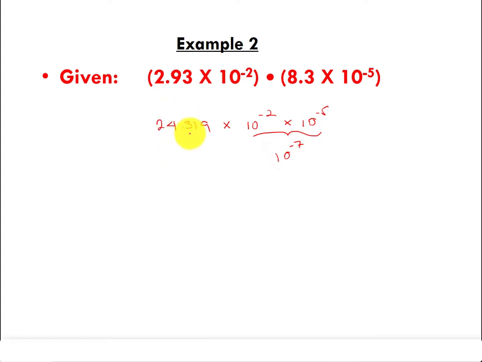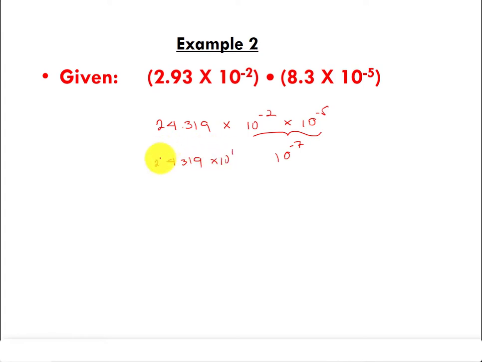Now this is not between 1 and 10, so we need to move our point between 2 and 4. So we will have 2.4319 times 10. Now we move our point once. Now since the original number is greater than 1, our exponent should be positive.